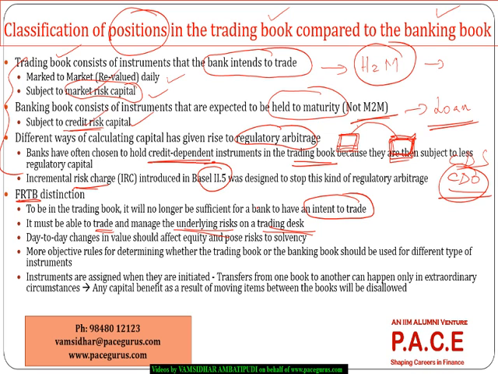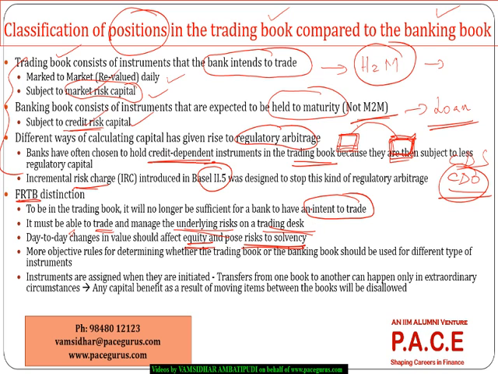So all the risks associated with that particular instrument have to be managed properly. And whatever the day-to-day changes in the value of that instrument, they should affect the equity. They should either increase or decrease the equity, which means there should be a kind of threat to the solvency.